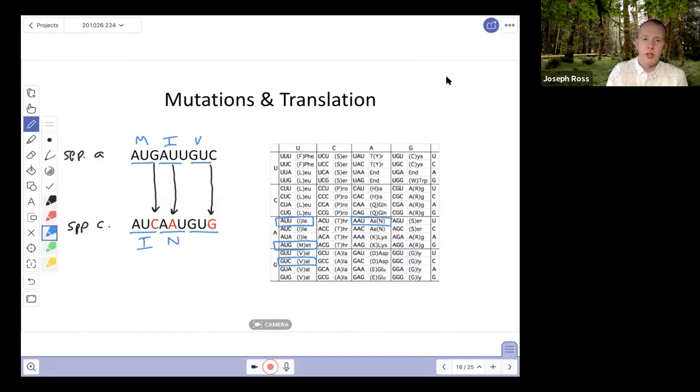And then that third mutation, again at the third position in the codon, GUC to GUG. GUG encodes valine just like GUC does. So the point of this is just to remember that the position of a mutation can have an important and powerful impact on the sequence of the amino acid that's encoded by that codon.